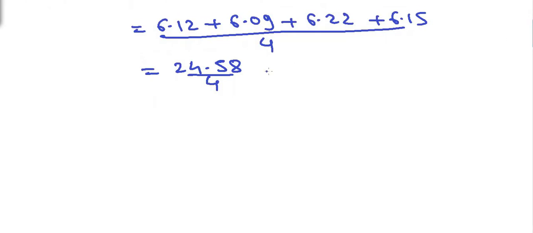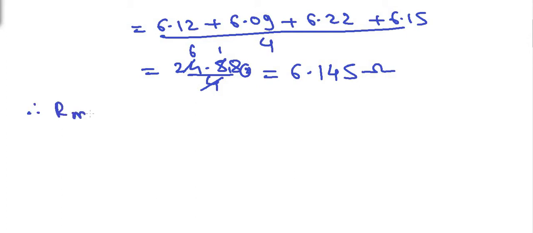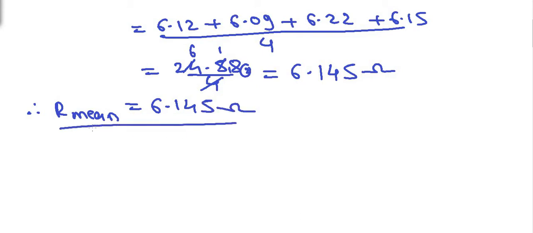Now that is equal to, 4 6s are 24, then 4 1s are 4, 5 minus 4 is 1, 4 4s are 16, 2 remainder, so 4 5s are 20. So this is the mean value of the resistance. Therefore we get R mean is equal to 6.145 ohm.